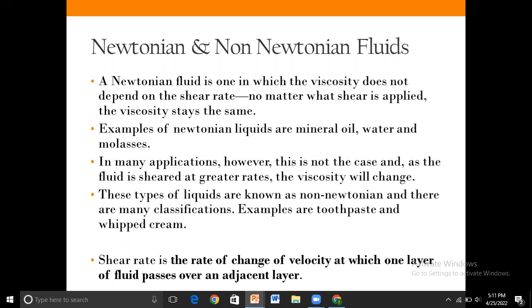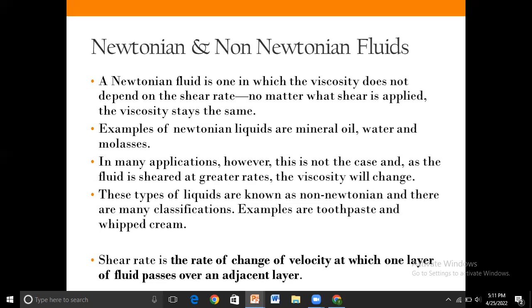So naturally it is a non-Newtonian liquid. Non-Newtonian means it is related to the change of velocity at which one layer of fluid passes over an adjacent layer. When the whipped cream is beaten, the different layers of the cream move past each other.